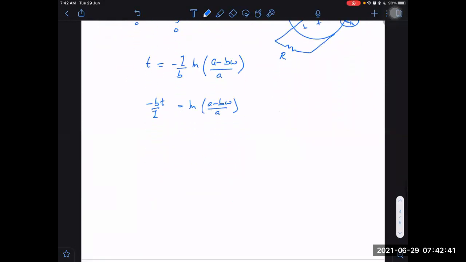What do we get then? Take exponential on both sides. E raised to power minus bt divided by I is equal to a minus b omega by a.